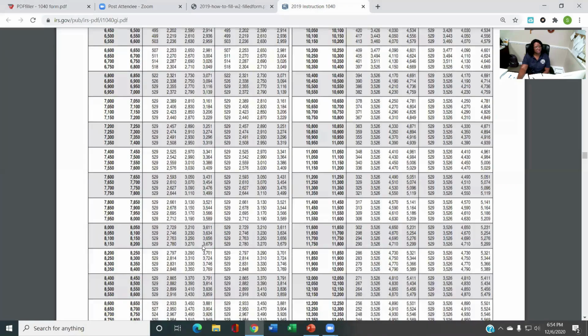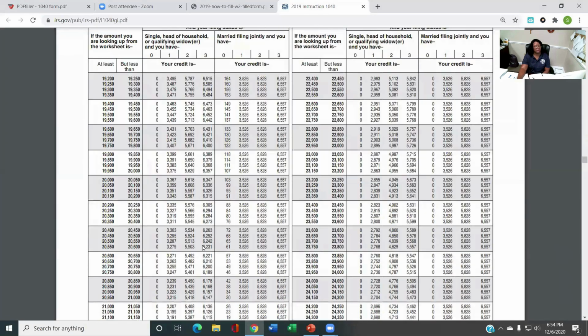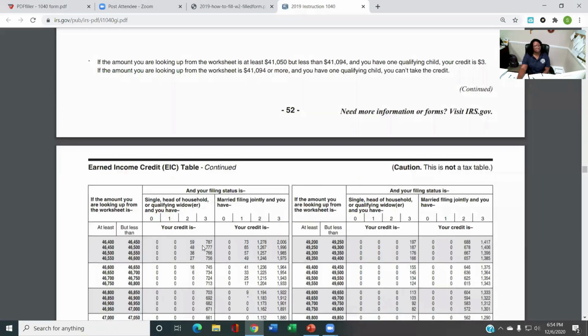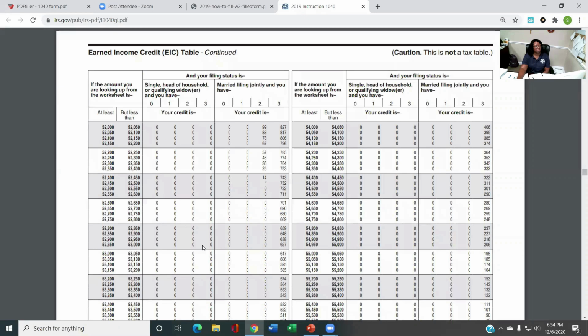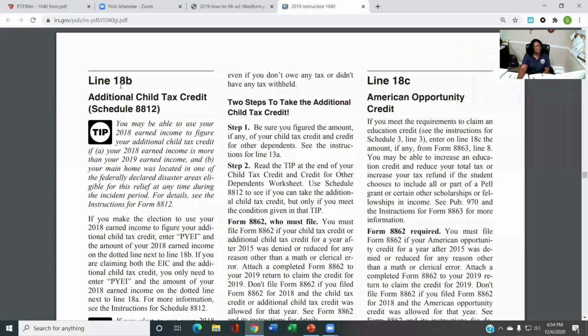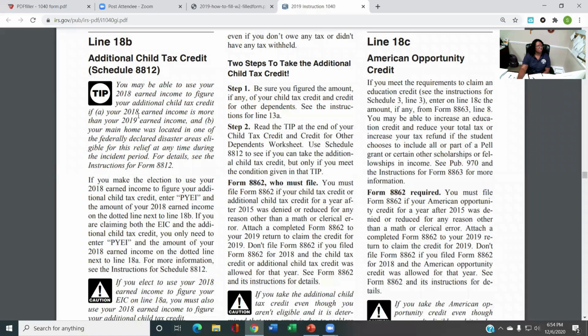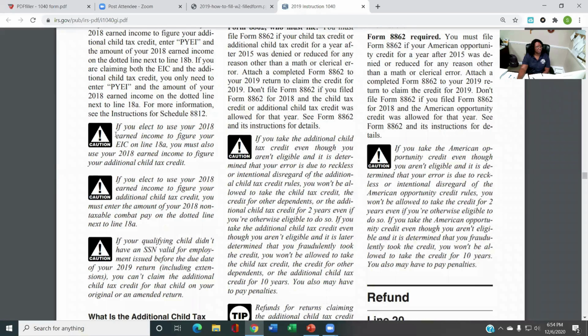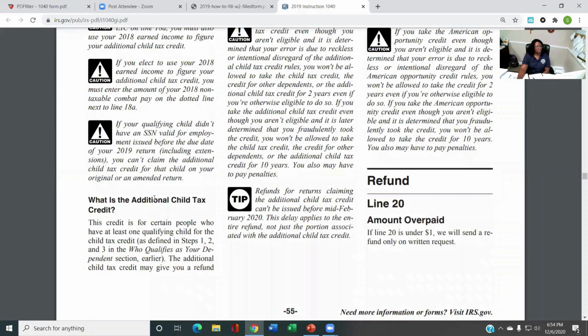So that's all earned income credit, which we've already talked about. And here we go, we're at 18B, additional child tax credit. So we have some information here about the tip and how it was started. It tells you all the information.